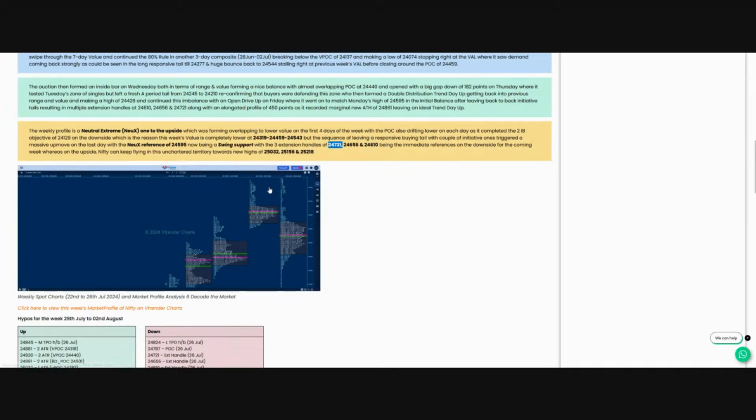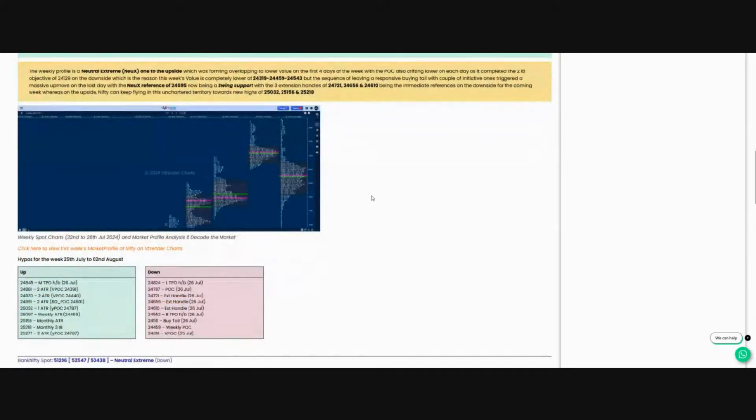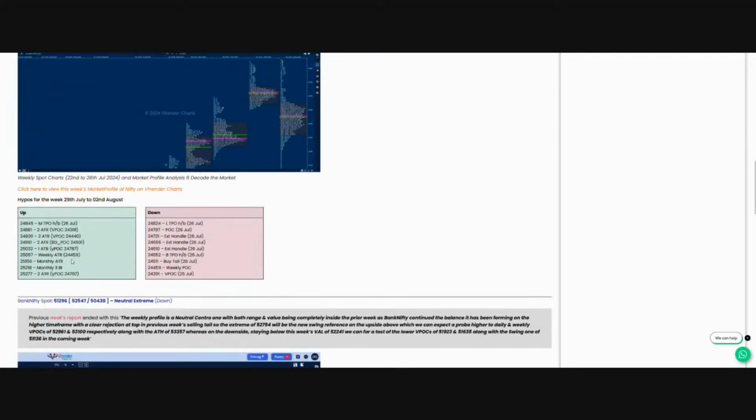On the downside we have 24595, which is the neutral extreme reference as the swing support. And on the upside, if we continue above this neutral extreme profile, we are looking for these levels: 25032, 25156 and 25218.